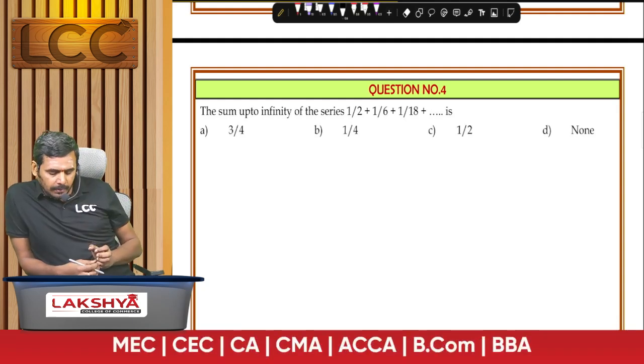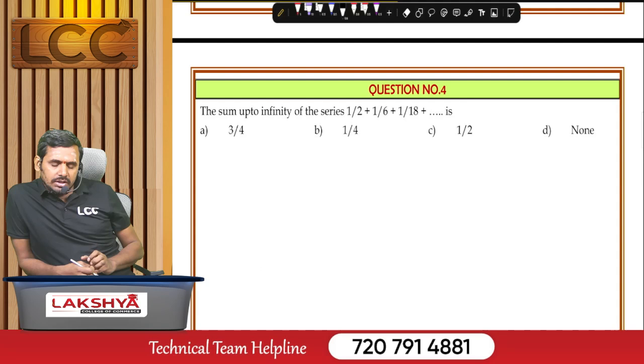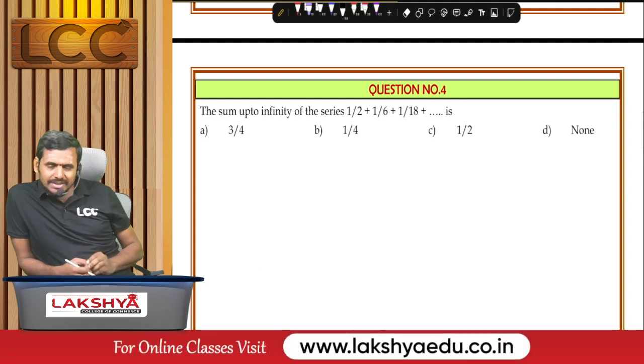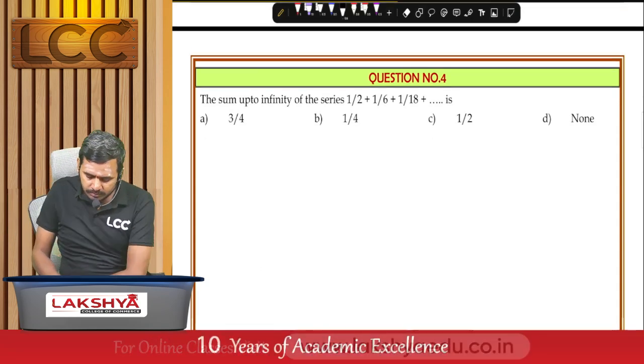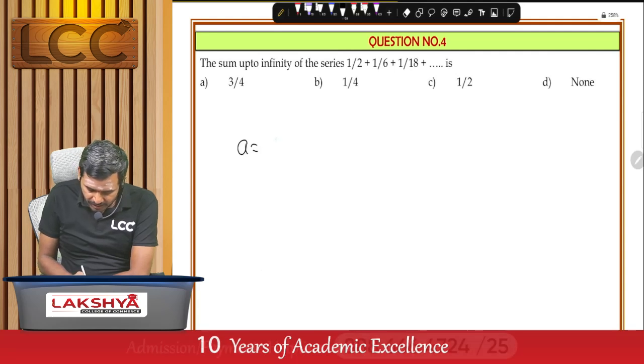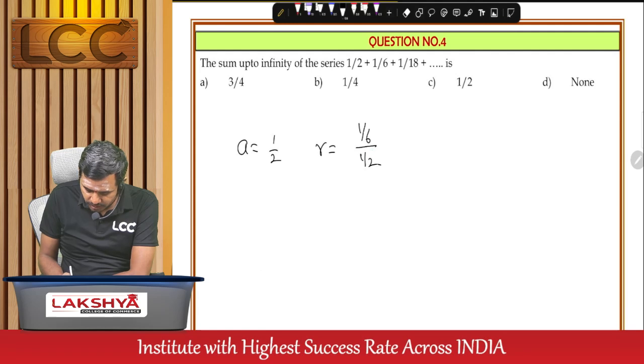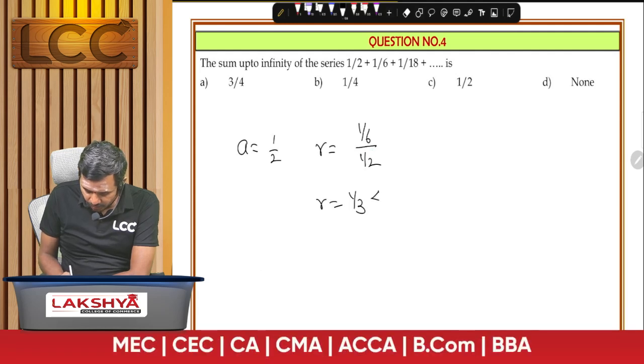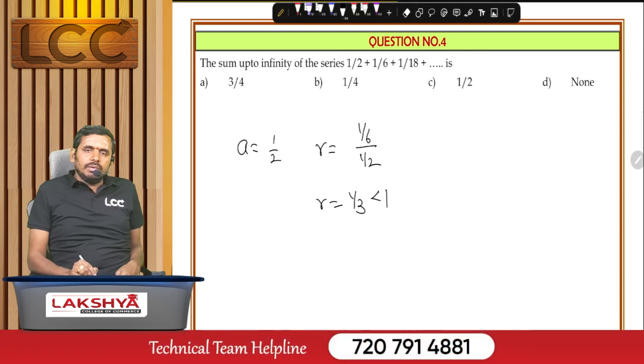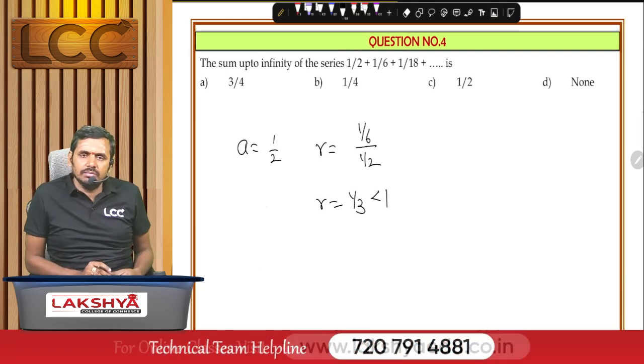See the question: the sum up to infinity of 1 by 2 plus 1 by 6 plus 1 by 18 and so on. Here a is equal to 1 by 2 and the common ratio is 1 by 3. Obviously it lies between minus 1 and plus 1, so the sum of infinite terms of the GP exists.